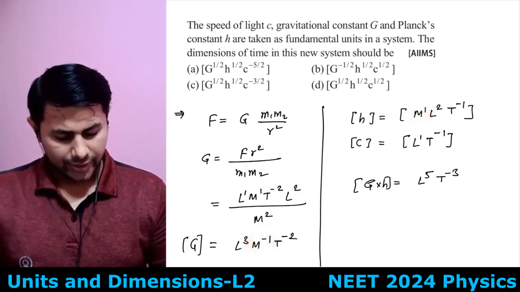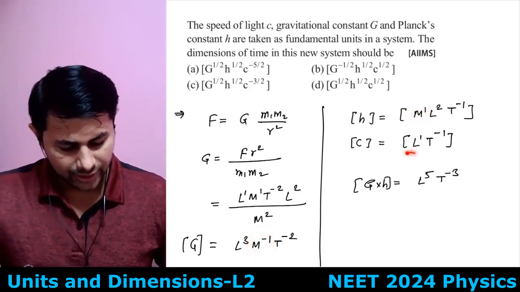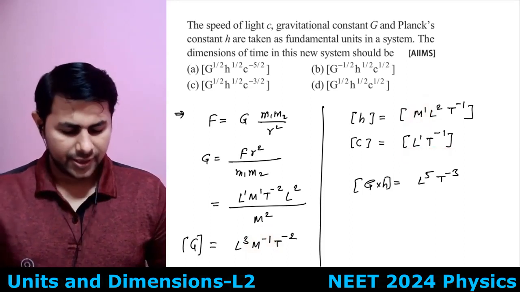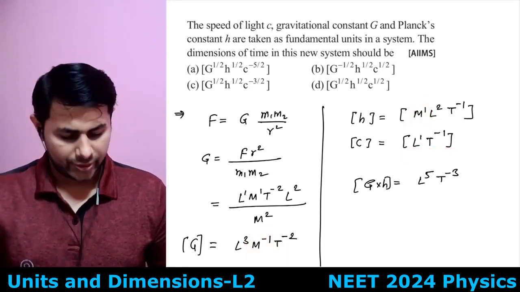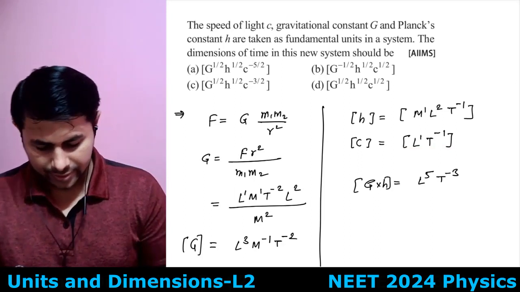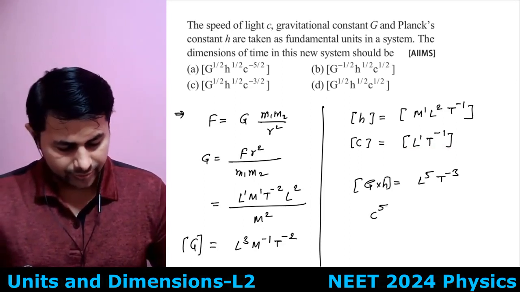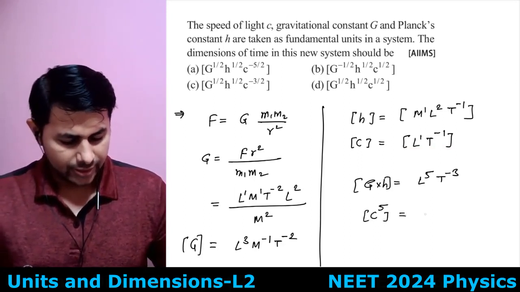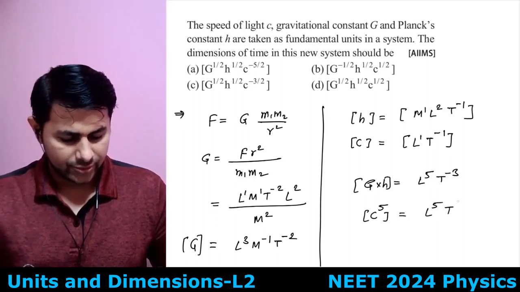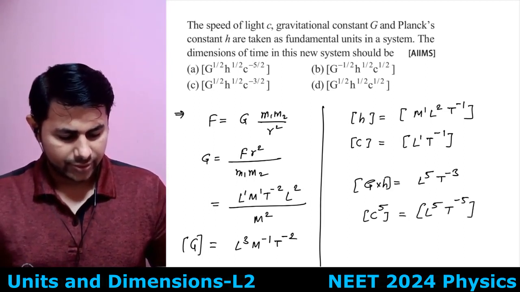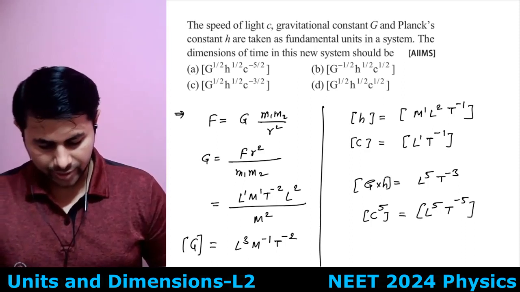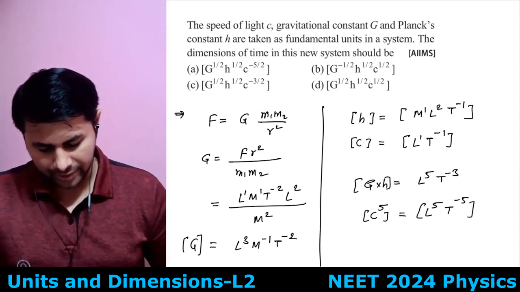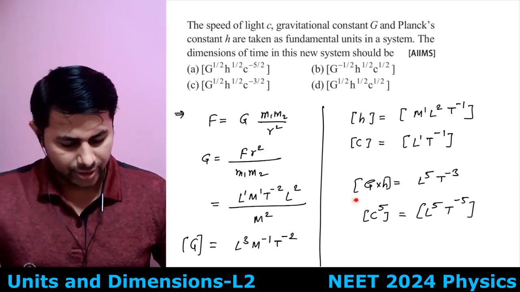Okay, and then I have C. If I raise C to the power 5, what do I get? L raised to 5, T raised to minus 5. Then I take the ratio of these two. I want the dimensions of time, no? So I take the ratio of these two.